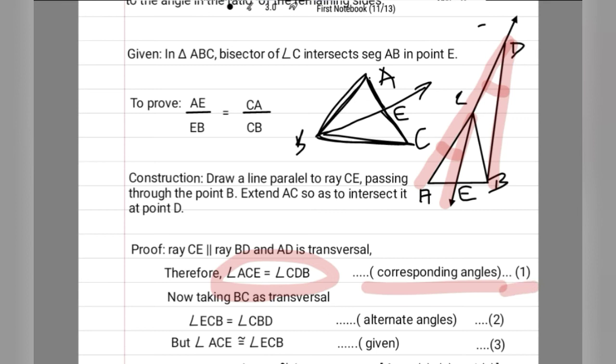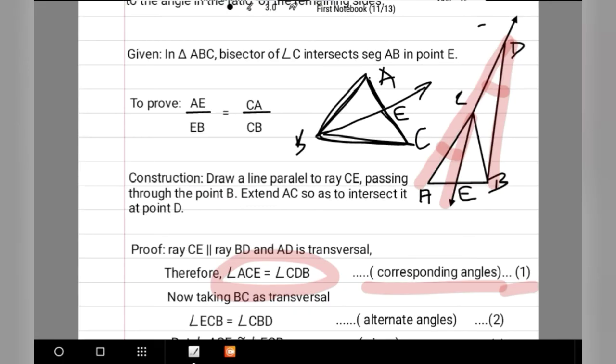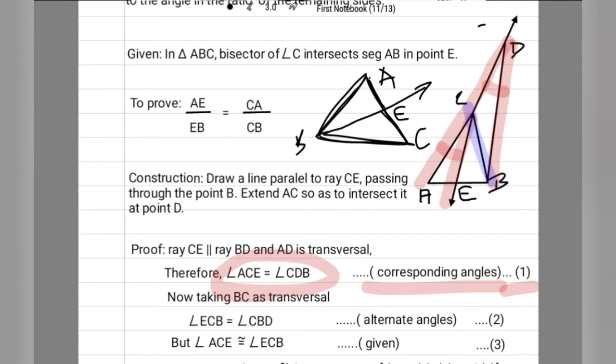The second, what we can consider is, we consider here BC as the transversal and these two lines, that is CE and BD, are parallel to each other. So what we can say is angle BCE, this angle, or ECB is equal to the angle CBD because they are the alternate angles. So this is the second equation we get.